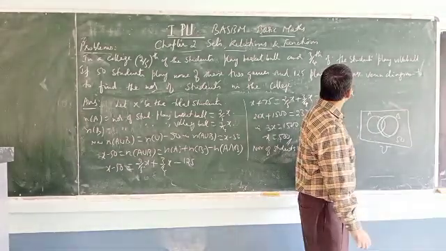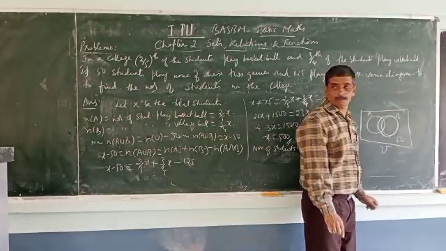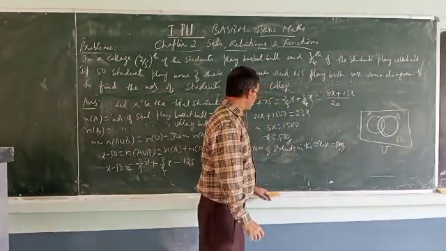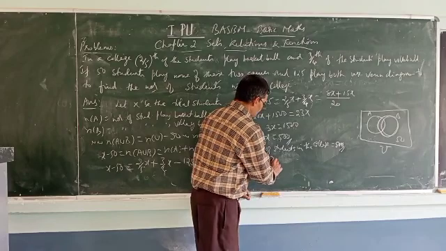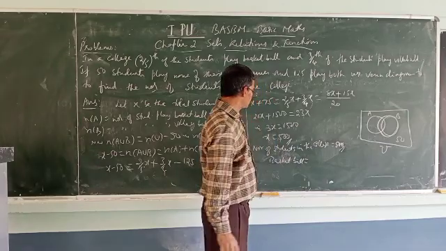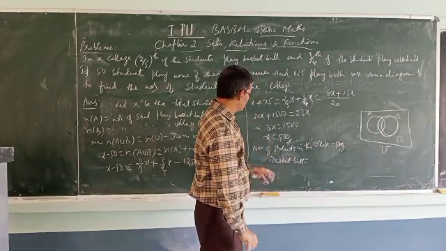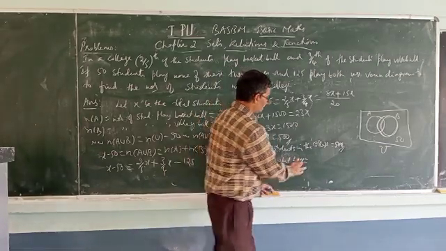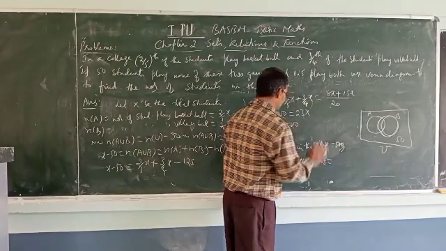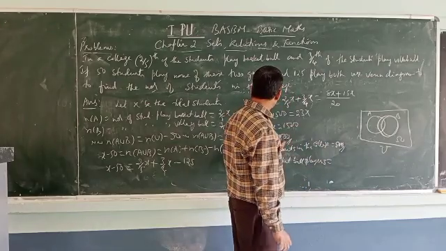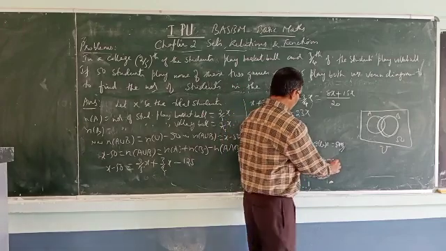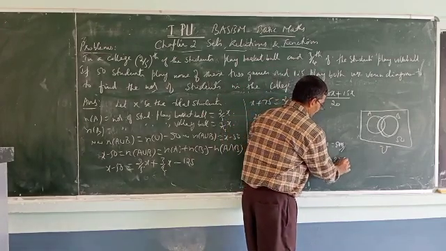How many play basketball? How many play volleyball? The number of students playing basketball, the basketball players, is x into 2 by 5, that is 2 by 5 into 500.